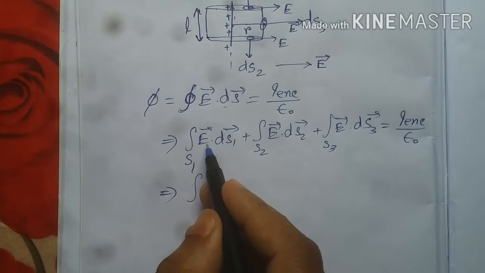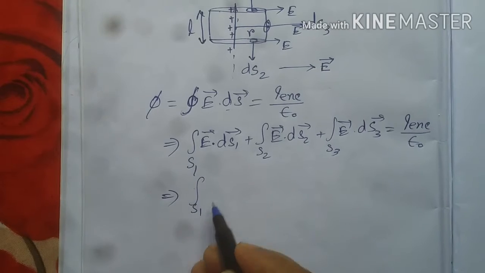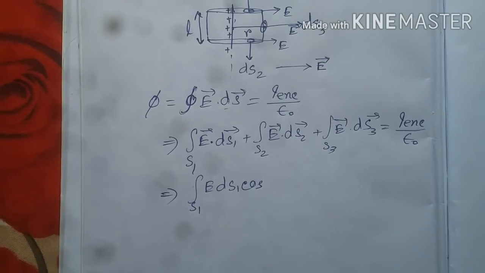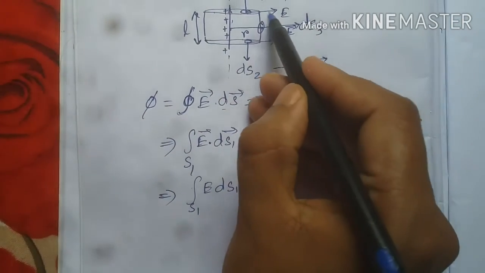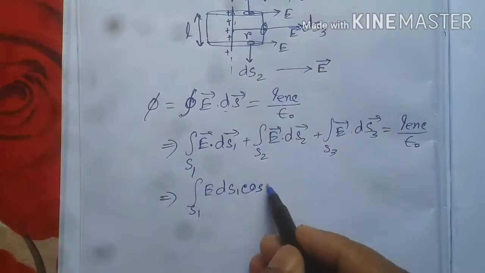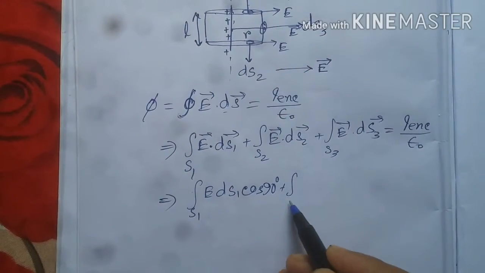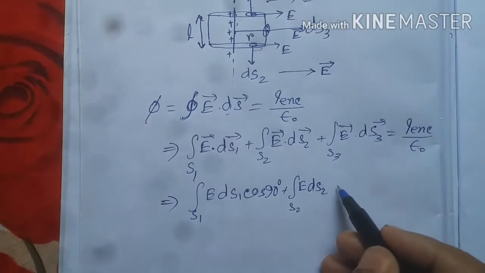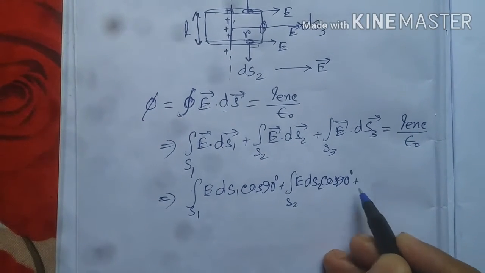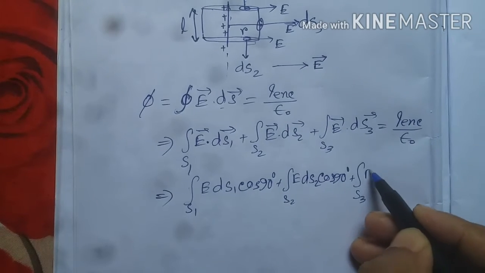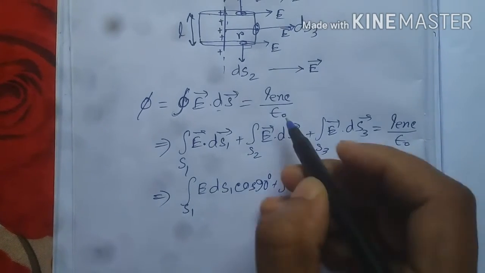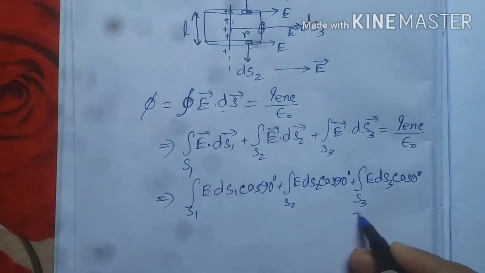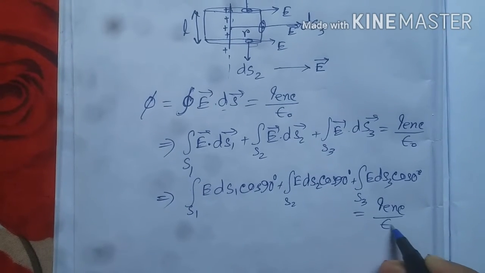Okay, let us now open up this dot product. So E dot ds will be E ds1 cos theta, where theta is the angle between E and ds1. E is in this direction, ds is in this direction, so it will be 90 degrees, cos 90 degrees. For S2, E ds2, the angle between ds and E is 90 degrees, so cos 90 degrees, plus for S3, E ds3, the angle between E and ds3 is the same direction, so it is 0 degrees, cos 0 degrees, equals Q enclosed divided by epsilon naught.